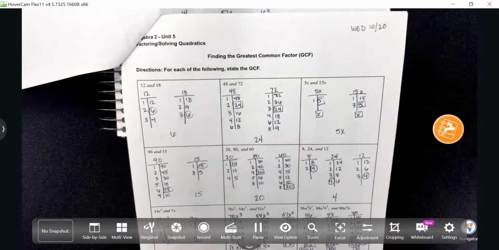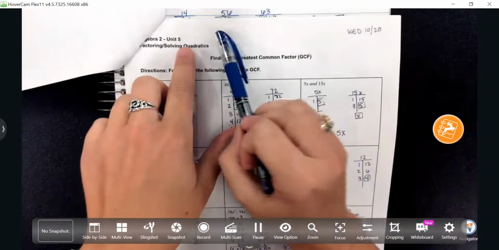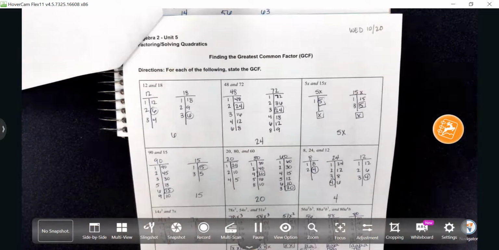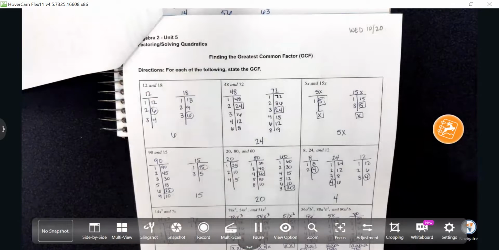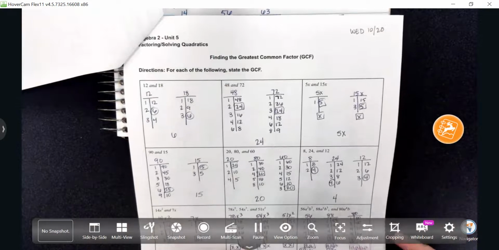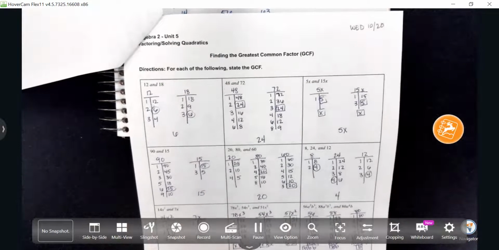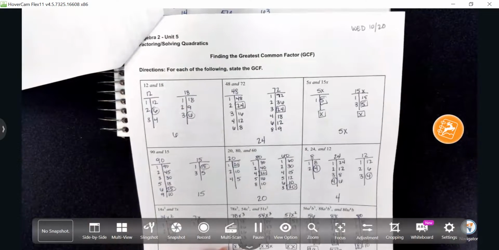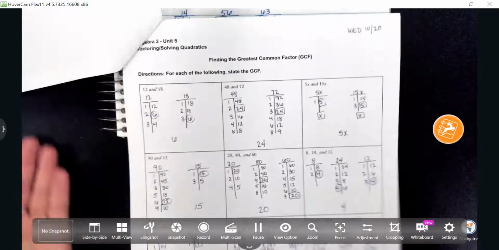So what might be a good idea? To make those tables at the very top so you have them no matter what your problem is. But 12, 24, and 36, you better be able to give me those factors super quick, okay?